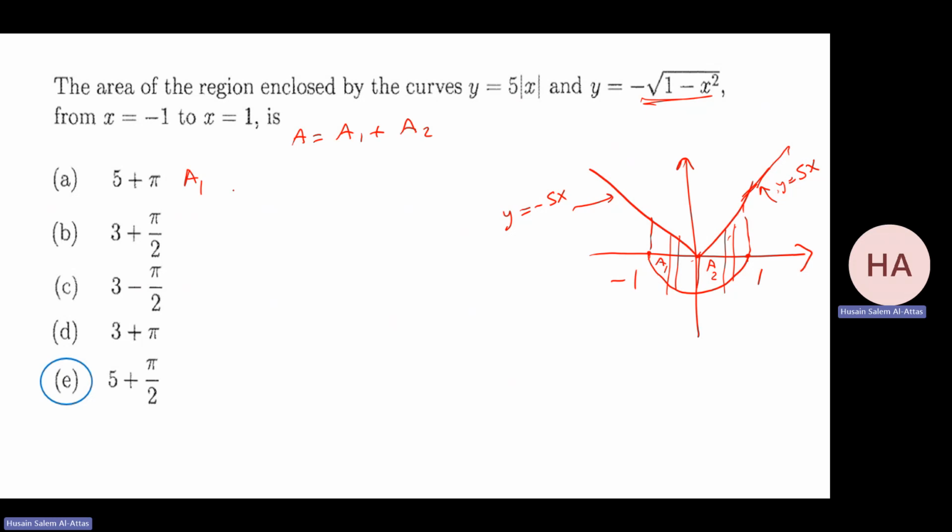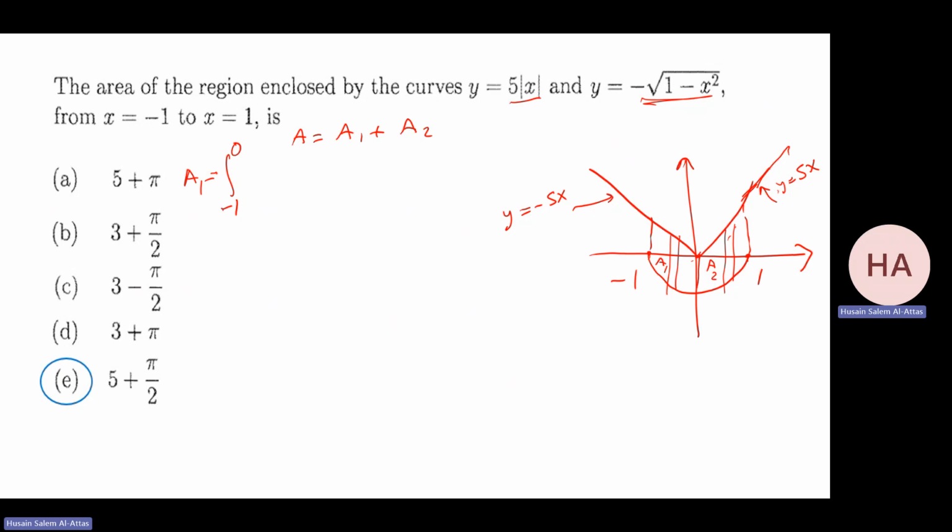So my A1 is what? It is the integral. Because of the absolute value, you need to split it, or you can do this minus this and then deal with the absolute value, or you can split it into two areas.